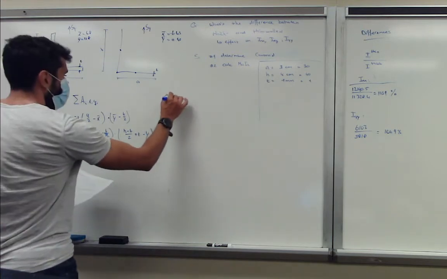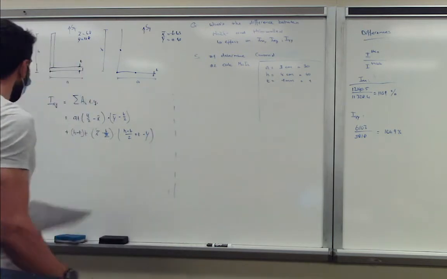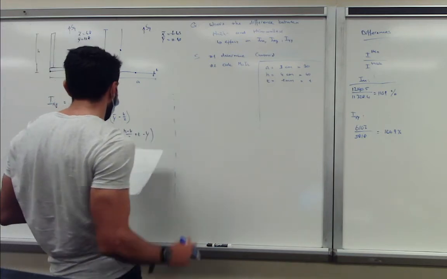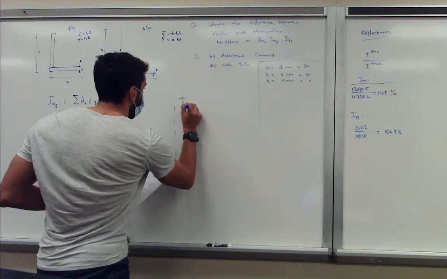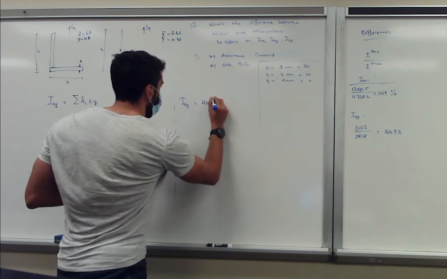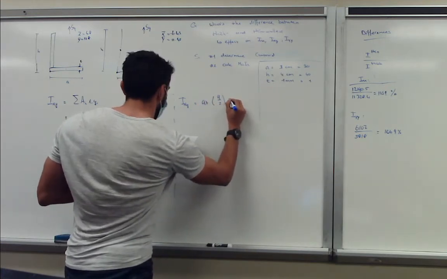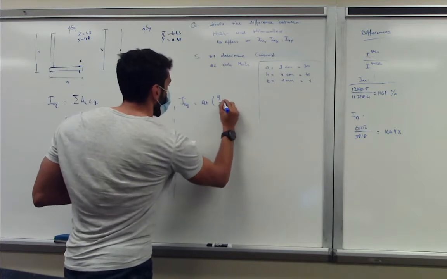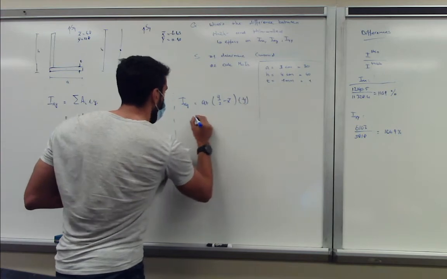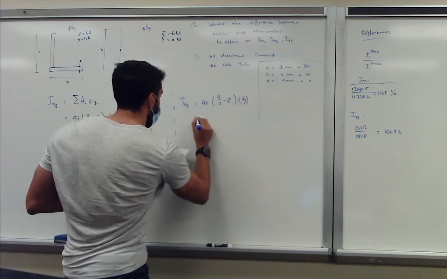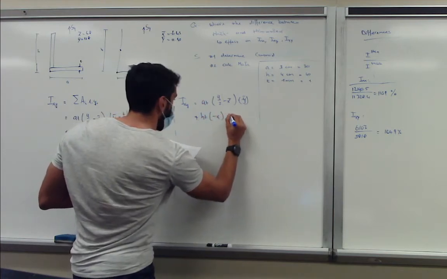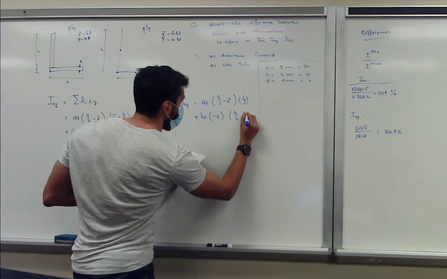And on this side, I don't know these numbers by the way. Well, at least I don't have the thin wall number, the thick wall number. X, y. If we do this for the same thing, what we get is AT multiplied by A over 2 minus X bar minus Y bar, or multiplied by minus Y bar, plus HT multiplied by minus X bar multiplied by H over 2 minus Y bar.